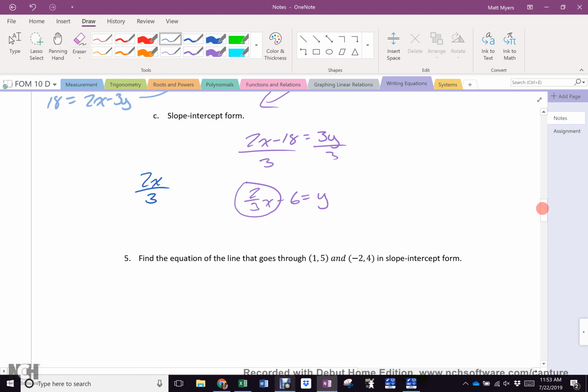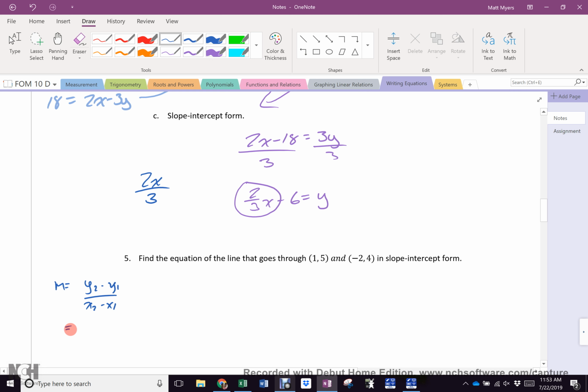Okay. Now we've practiced all 4 kinds a bunch. What are you going to use for 5? You could start in slope-intercept. If you're going to start in slope-intercept, what's the first thing you should do? Find the slope. How do we find the slope? Okay, so m equals y2 minus y1 over x2 minus x1.